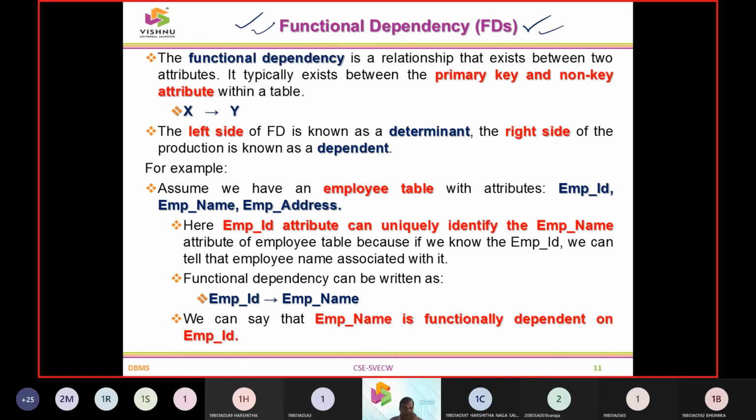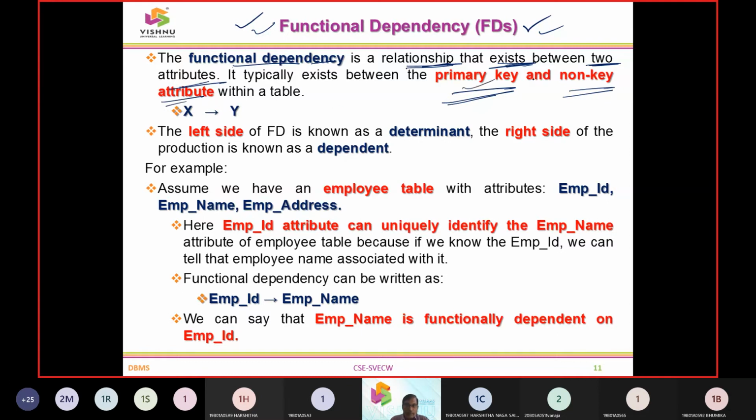As far as the theoretical definition is concerned, a functional dependency is a relationship that exists between 2 attributes. What will be the 2 attributes? It can be a primary key, or it can be a non-key attribute.